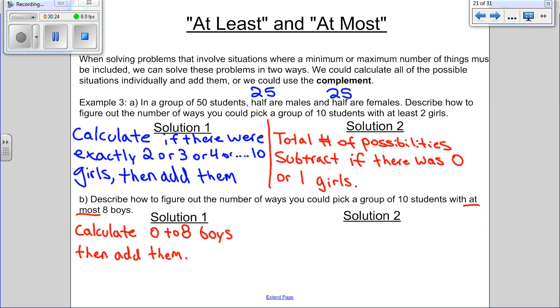But if you're smart on how you're thinking logically about this, if you want at most 8 boys, then what you don't want is 9 boys or 10 boys.